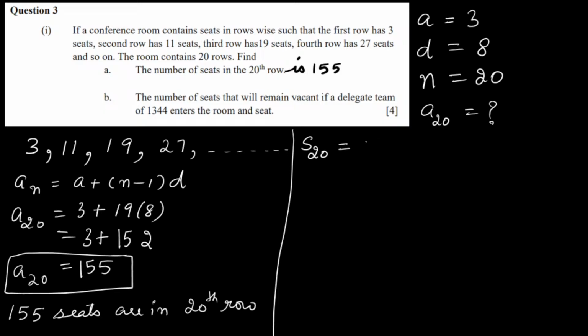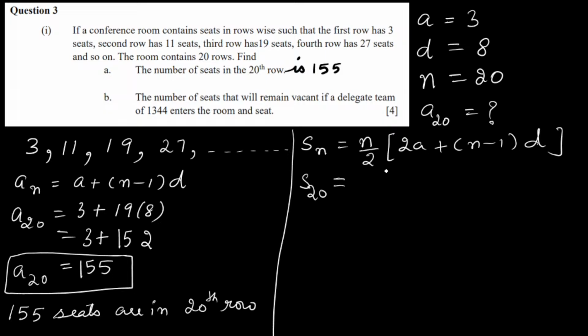So S20 is equal to, again, the formula of Sn we have to apply. Sn is equal to n by 2 into 2a plus n minus 1 into d. Because it is S20, n is 20. So 20 by 2 into 2 into a, where a is 3, plus 20 minus 1 which is 19, and d is 8.